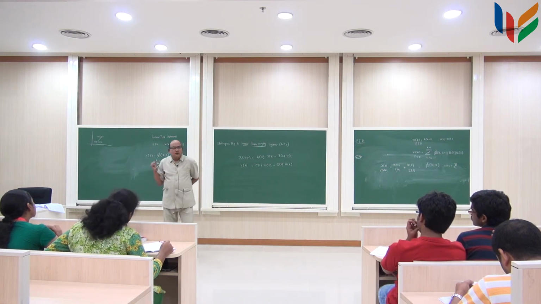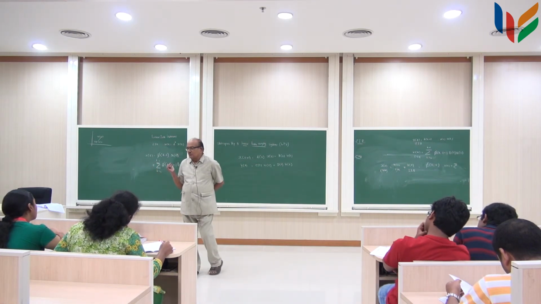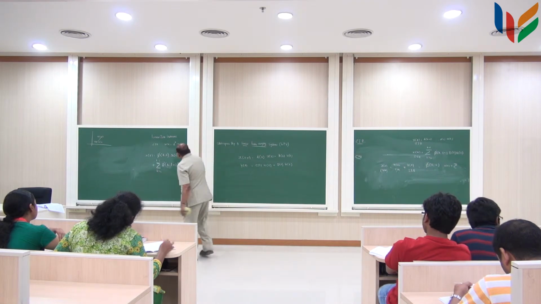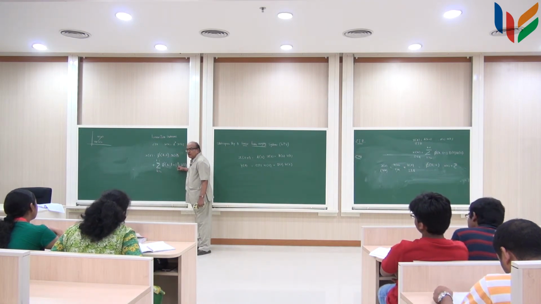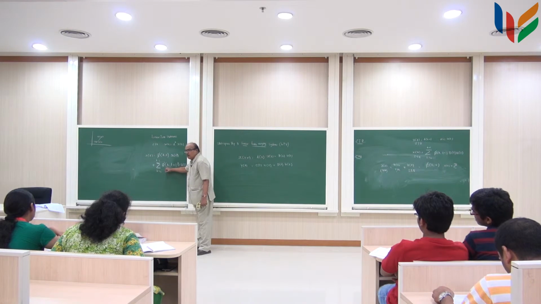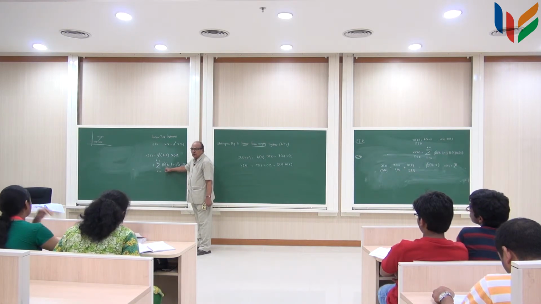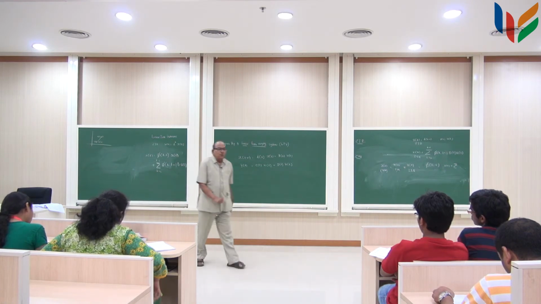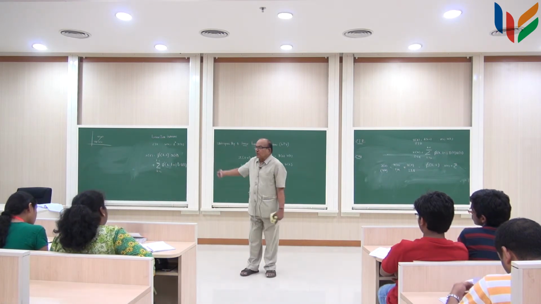As far as this is concerned, what does this form tell you? This form is looking like a convolution, right? This part is the input and this part has something to do with the system function. So the system function is now convolved with the input, and this is basically your convolution summation.